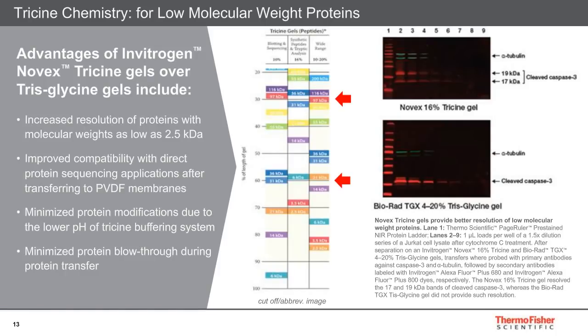Additionally, smaller molecular weight proteins experience very high blow-through during the transfer process, which means that they are blasted past the PVDF or nitrocellulose transfer membrane and are completely lost, resulting in a non-optimal transfer condition. The ion concentration is significantly higher at the bottom of the gel near the diaphragm.